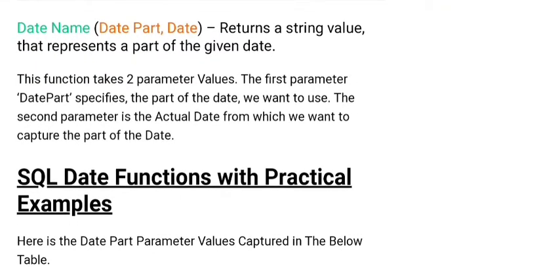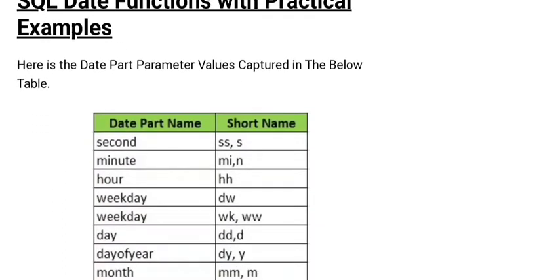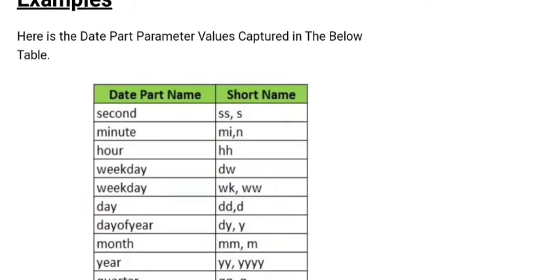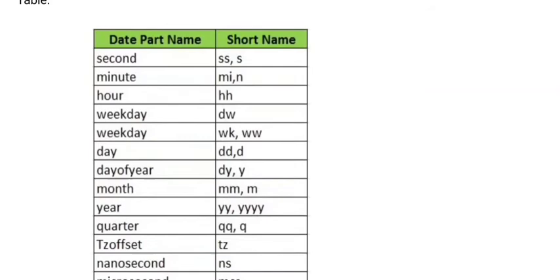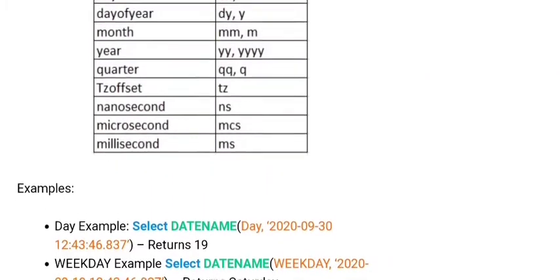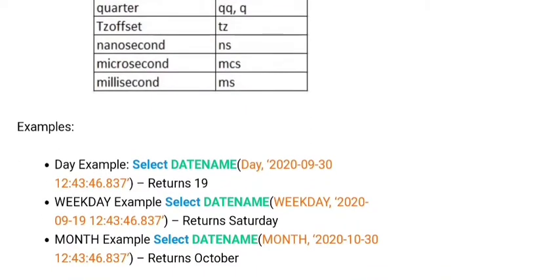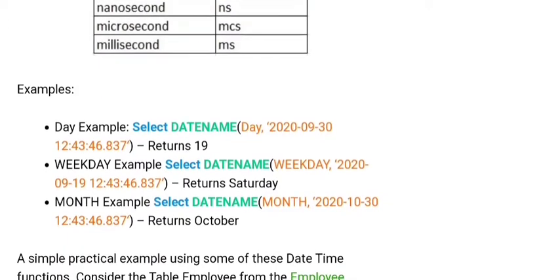Here we'll see the list of date parts with practical examples. We can see the table here. We have the date part name and the associated short name, so you can easily remember the short names if you go through them once. In the practical example, datename of a certain date returns the specific date part of the given date.